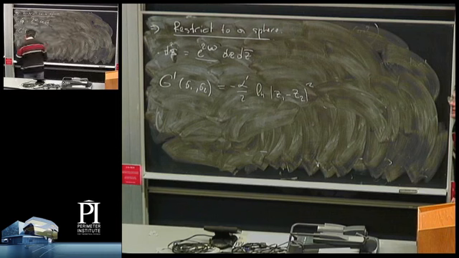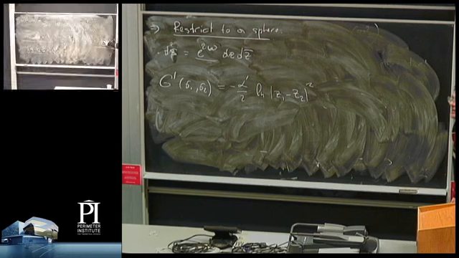So the first term, alpha prime over 2 log |z1 minus z2| squared, is the one that will produce a delta function.